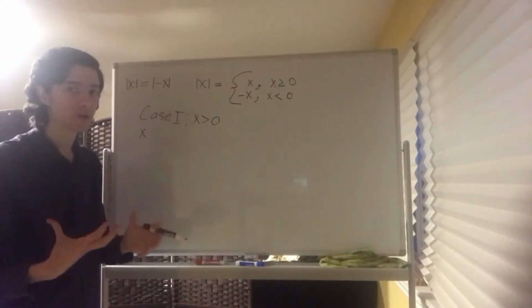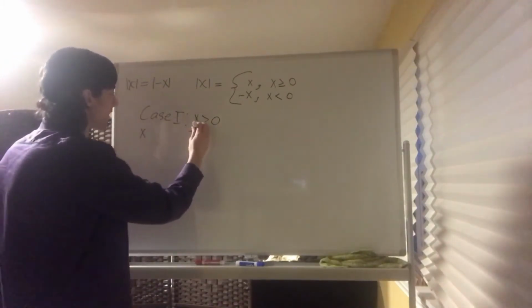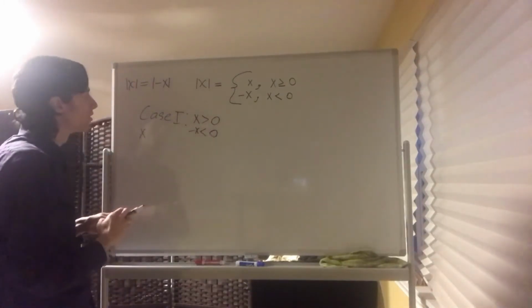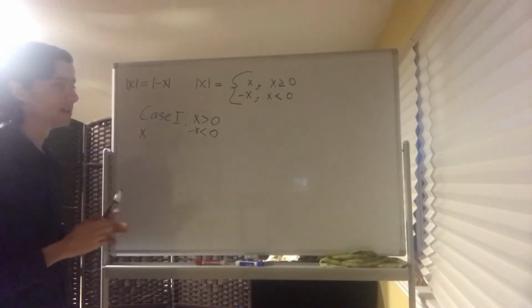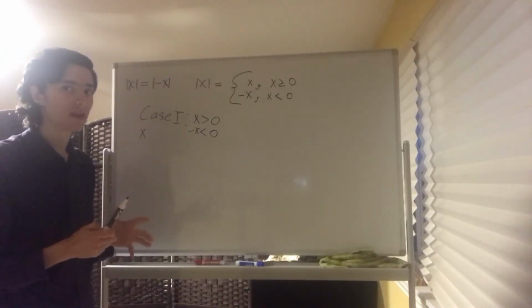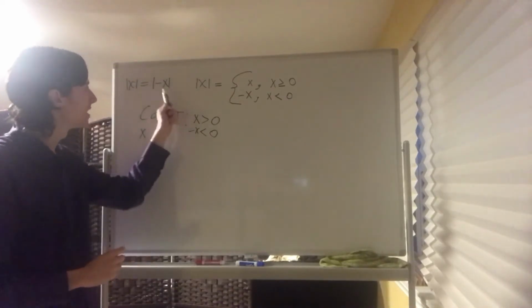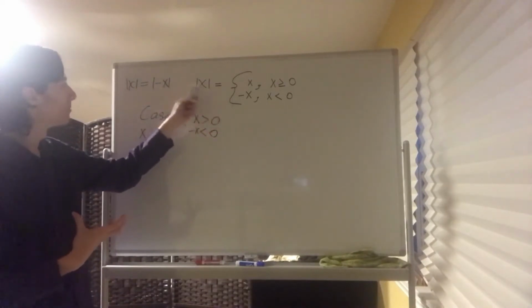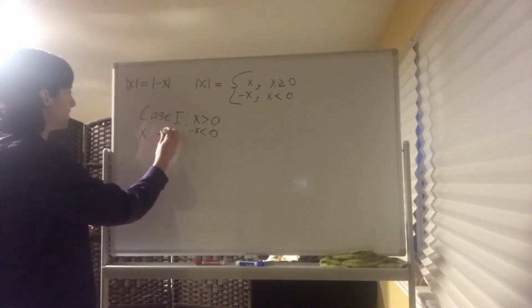As I showed earlier, when you multiply these by negative 1, we can see that negative x is negative. So, because negative x is less than 0, to find the absolute value of negative x, we find the negative version of that. So we multiply this by negative 1, and we get x.